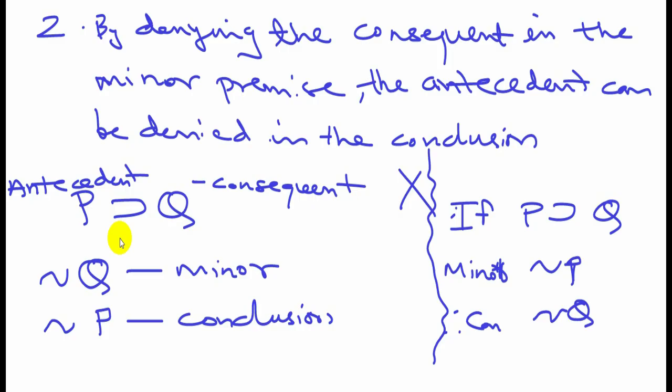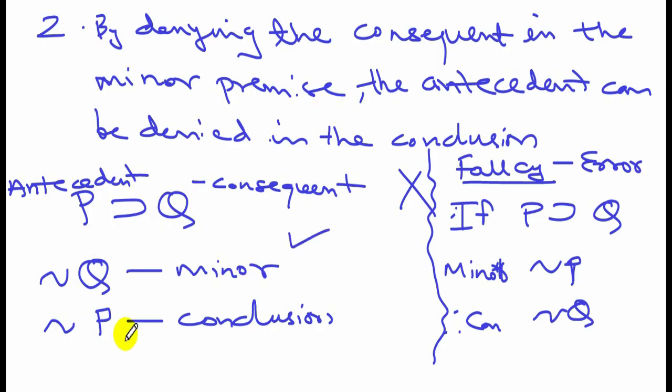This is exactly opposite of this. This is a fallacious situation. This is a fallacy or error. This is wrong. This is correct.